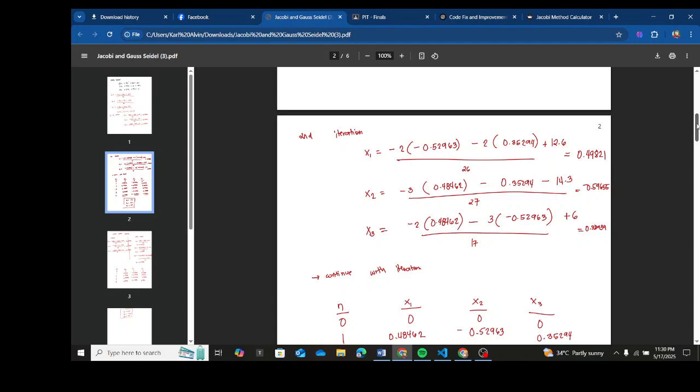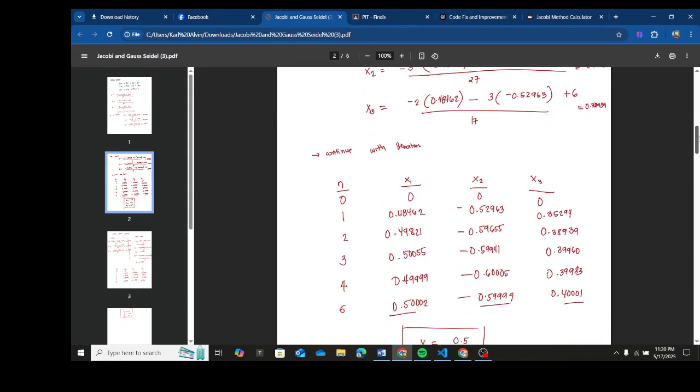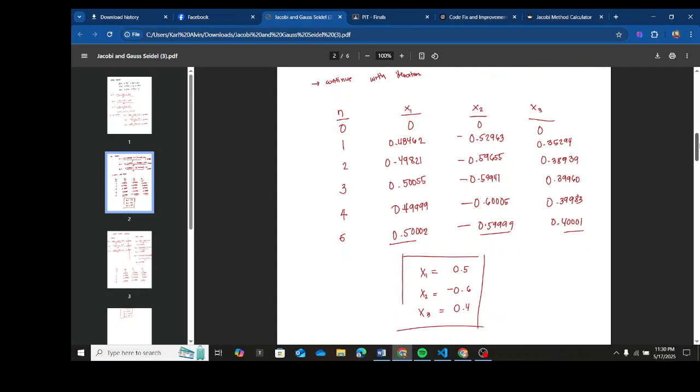We continue with the iterations, and we formed a table that went on to the 5th iteration, and we concluded at the 5th iteration.